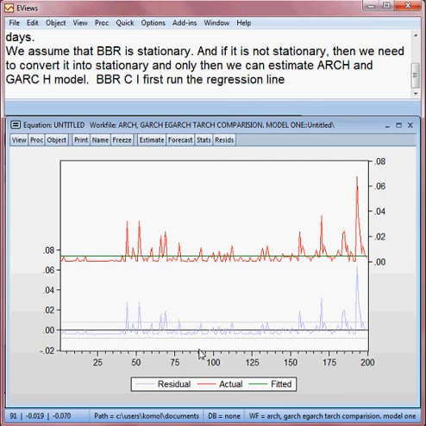Okay, from day 1 until day 40 the fluctuation is very low, as you can see for about 40 days.